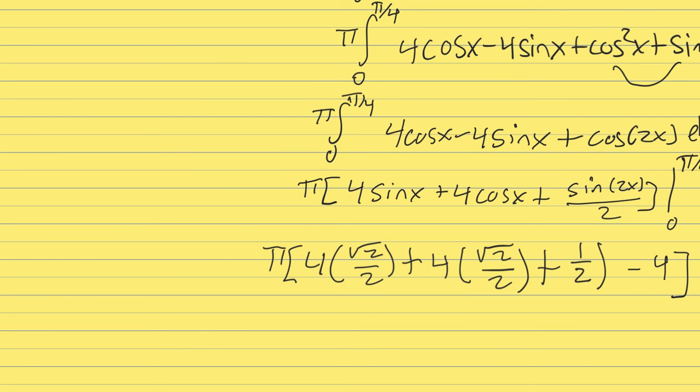Simplifying this further, we get pi times 4 square root of 2 over 2 plus 4 square root of 2 over 2 again, minus 3.5.